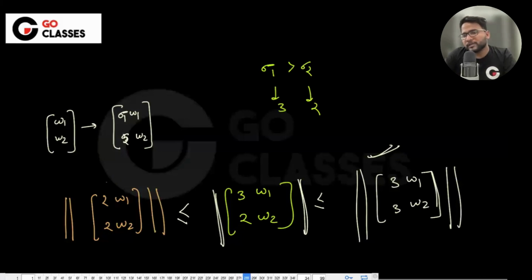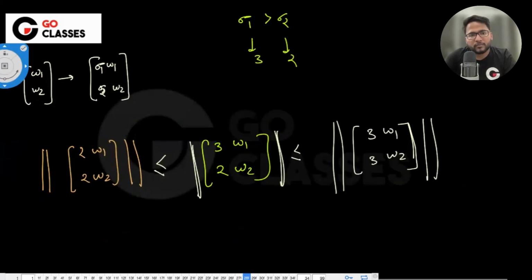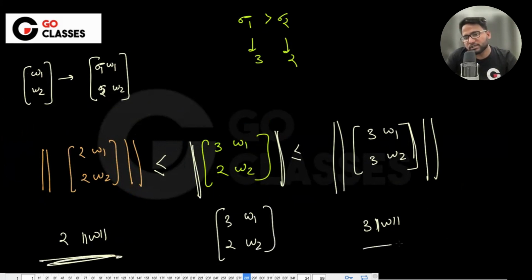So basically what I'm trying to convey here is that this is 2 times the length of w, and this is 3 times the length of w. So this is the real w that we have got, and this is 2 times the old w, this is 3 times the old w.